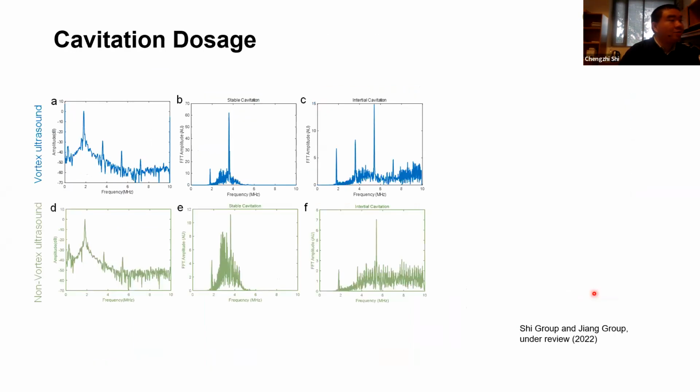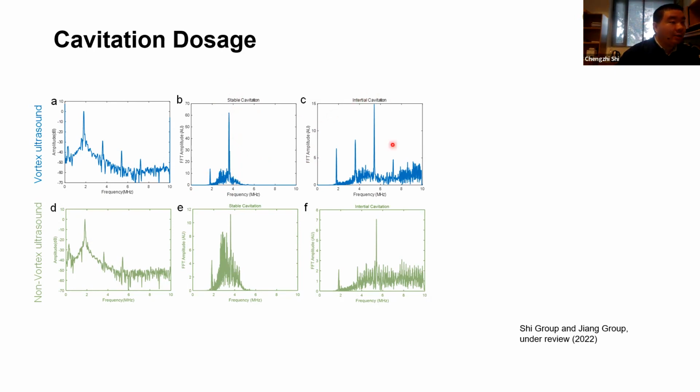So we went ahead and tested the cavitation dosage, comparing the Vortex ultrasound and the non-Vortex ultrasound using our hydrophone. And we tested two things. One is the stable cavitation, the other is the inertial cavitation. Stable cavitation is the vaporization that we saw before. It just forms bubbles, and then it results in harmonic scattering, which is the nonlinearity of the bubbles.